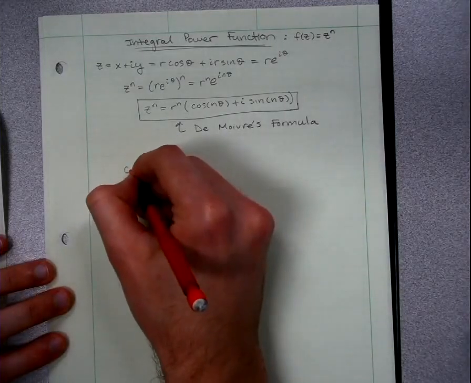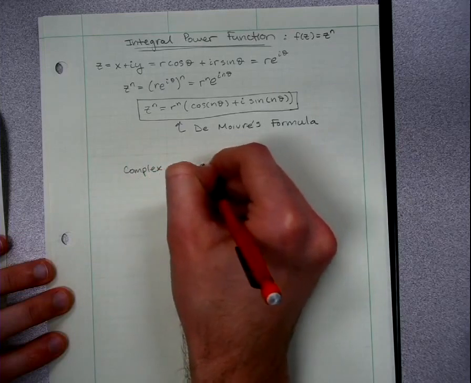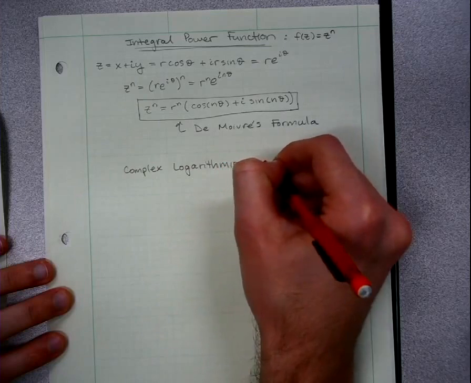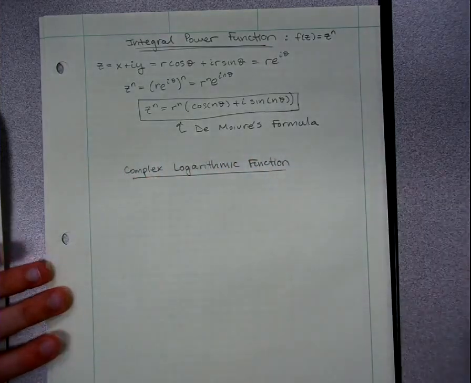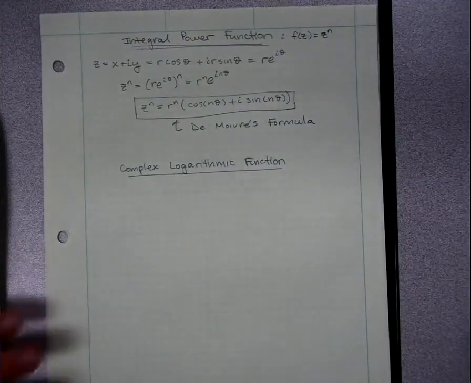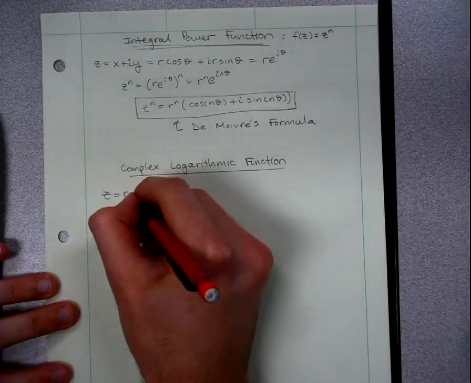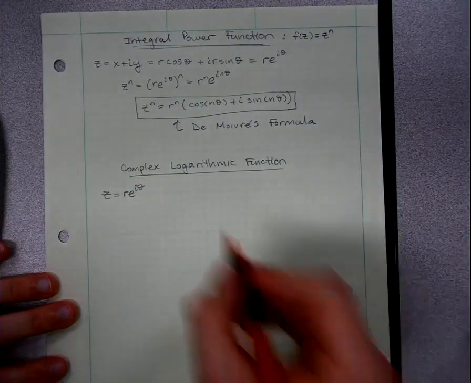Now the next one is the complex logarithmic function. Okay. So what we're going to do is take the same z function that we wrote right there, z equals r e to the i theta, and we're going to take the natural log of both sides.